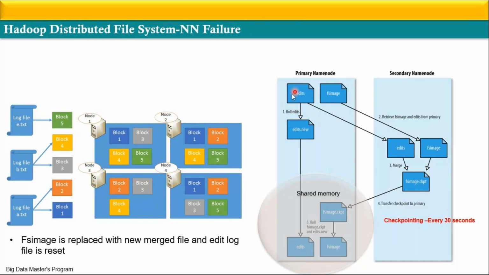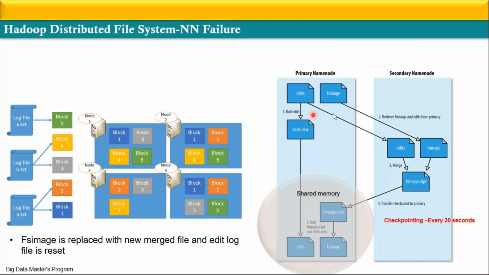So in that particular case, this information is captured inside the edit log, and that is directly moved to the shared memory, and it is going to replace the file which is available inside the shared memory.